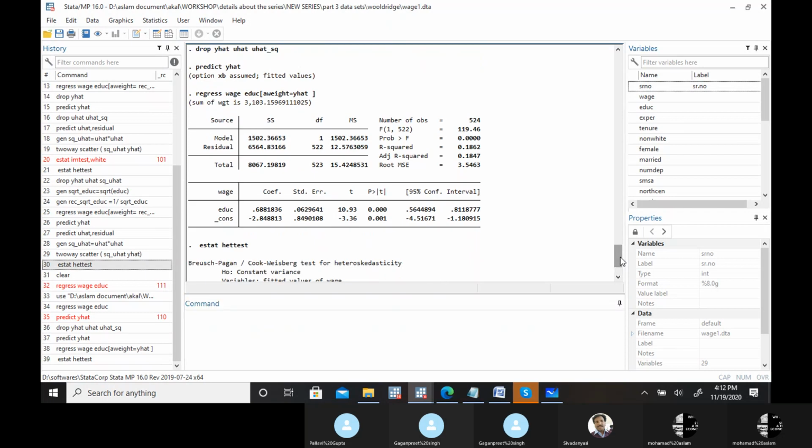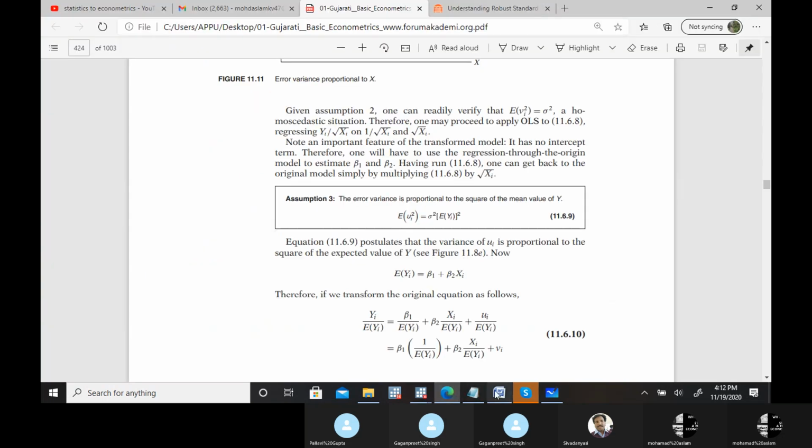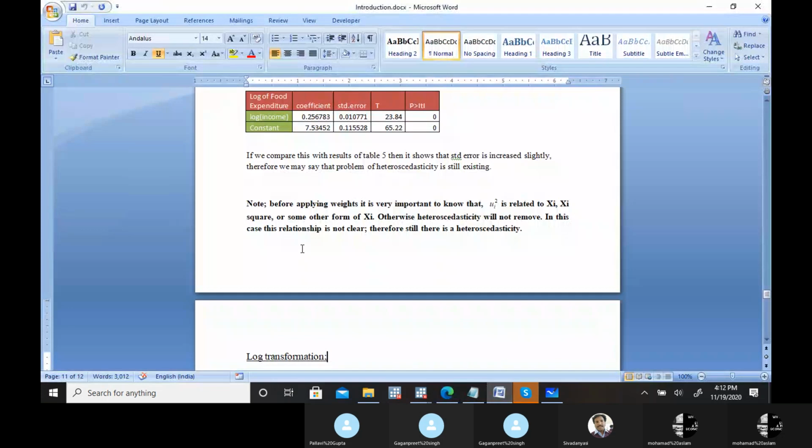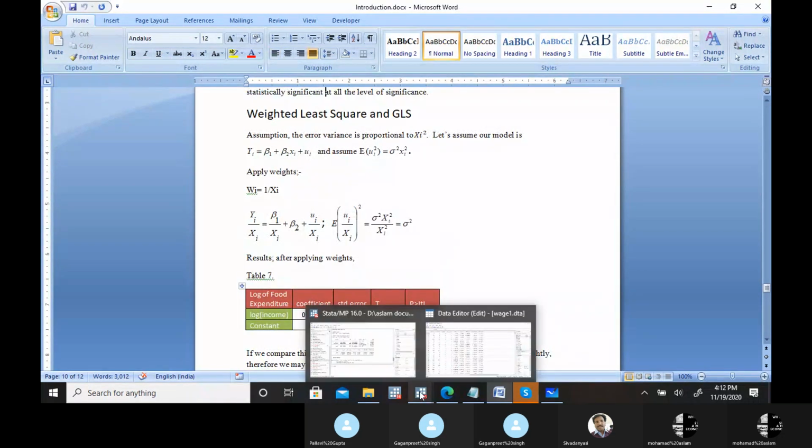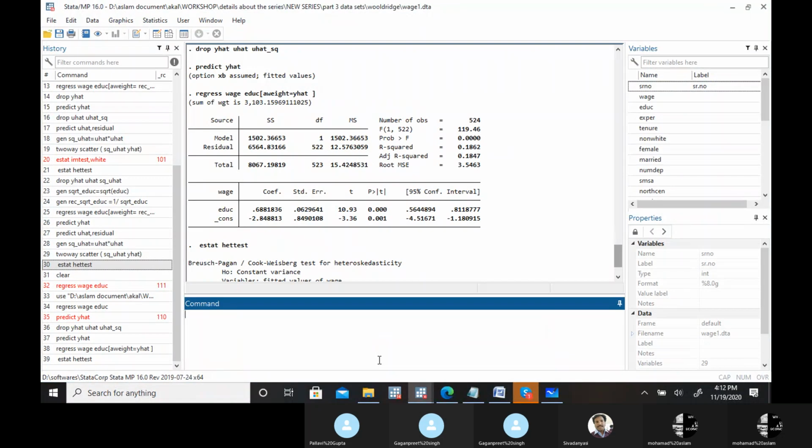So by this method you have to try it, where I'm applying a weight to the whole regression equation. Oh, sorry, you have to apply the reciprocal of the y hat, not the y hat. Yes, that will be true.